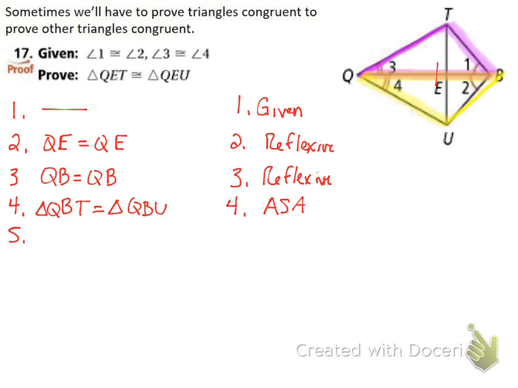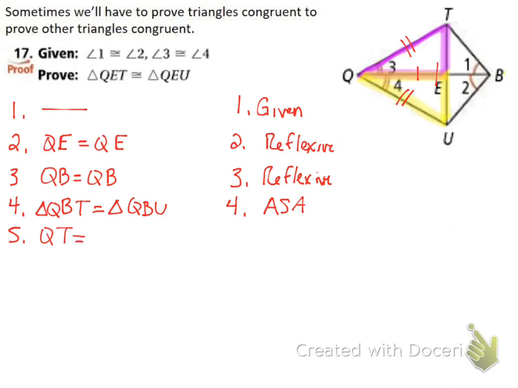And so what I can do is QT and QU are two sides that are in both the big triangle on the top and the bottom and the little triangle that I'm trying to prove are equal to each other. So I've got my side, QE is equal to QE. I've got my angles 3 and 4 that are equal to each other. And then I can say that QT is equal to QU.